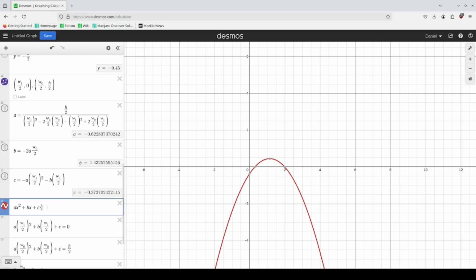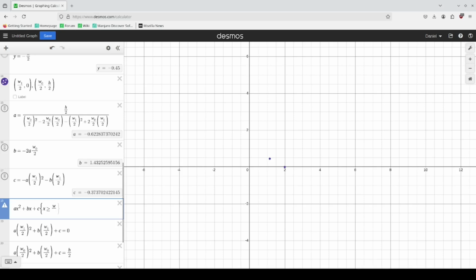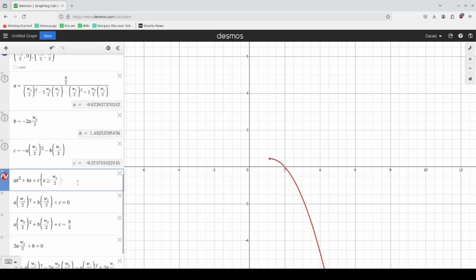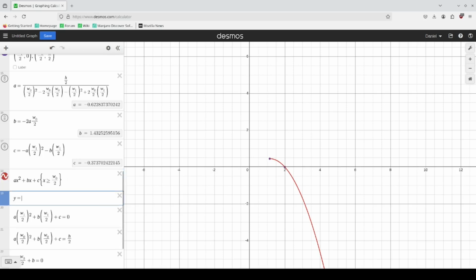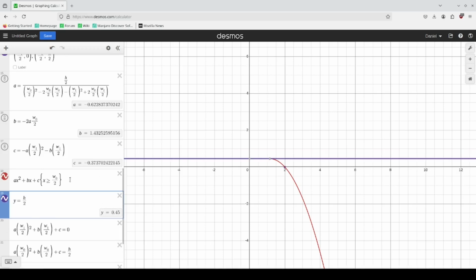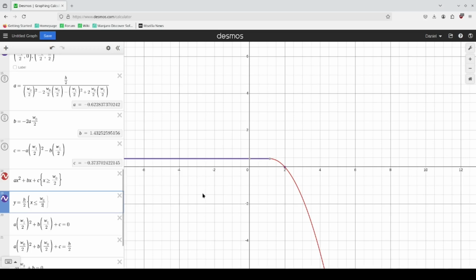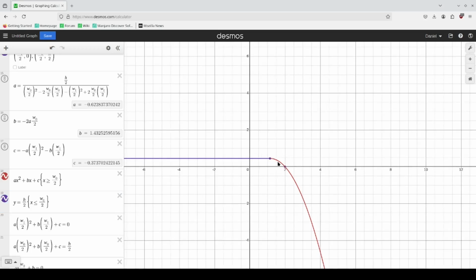And there you can see, let's put everything to the right of w sub 0 over 2, and we'll bring back the height. And you see that this parabola fits nicely with this.